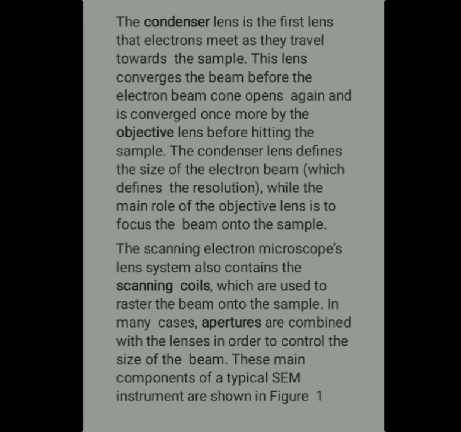The scanning electron microscope lens system also contains the scanning coils, which are used to raster the beam on the sample. In many cases, apertures are combined with the lenses in order to control the size of the beam. The main components of a typical scanning electron microscope are shown in figure 1.